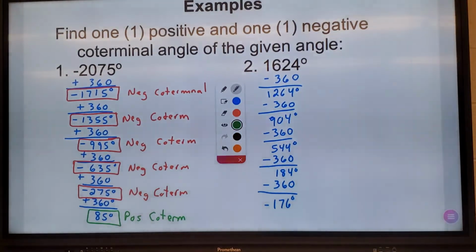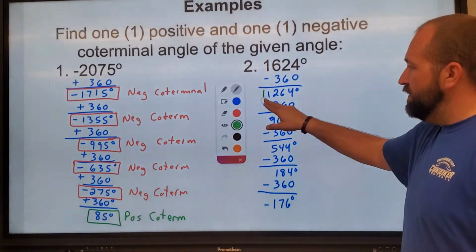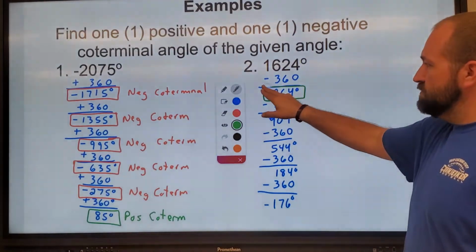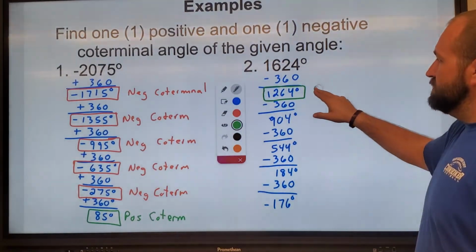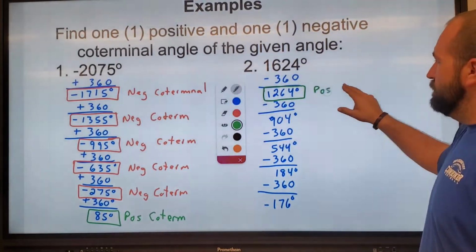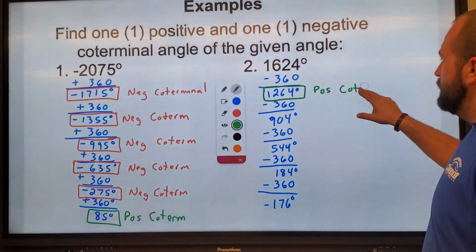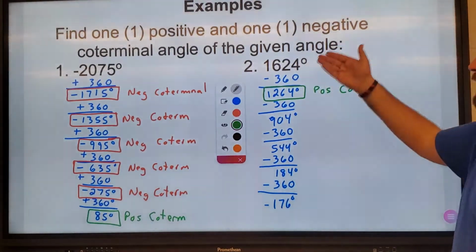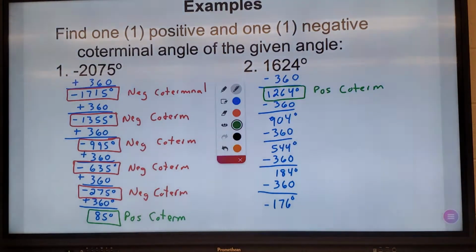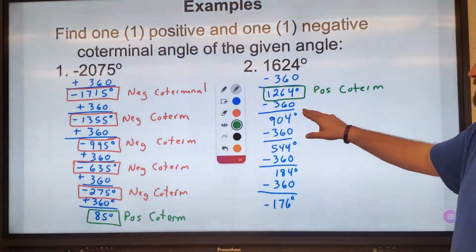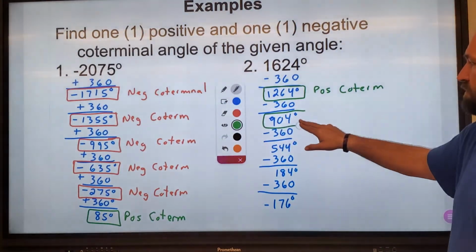Okay, so again, looking at what we have, I can identify several positives and then one negative. So again, here, because I subtracted 360, this is now a positive coterminal. Okay. And again, that's because it is a positive value. This is another positive because this came out to a positive value.